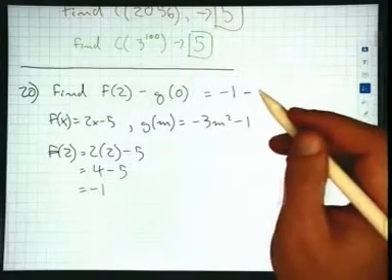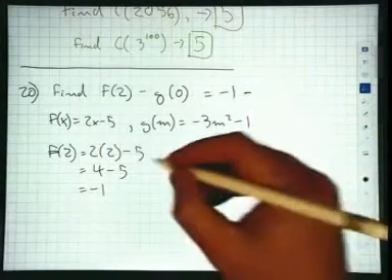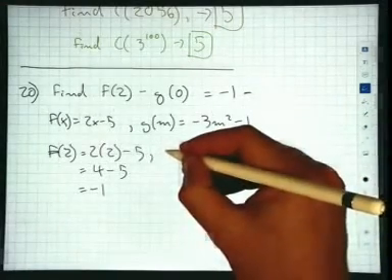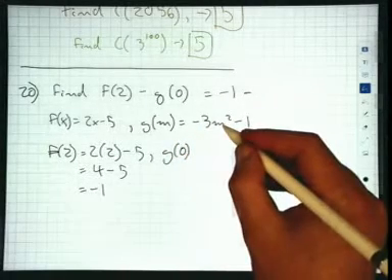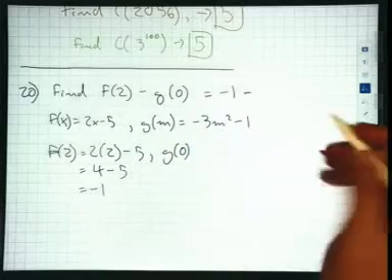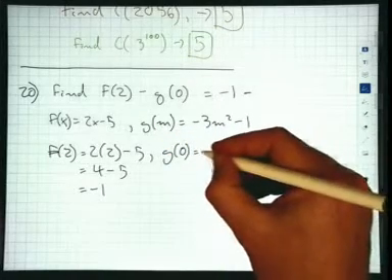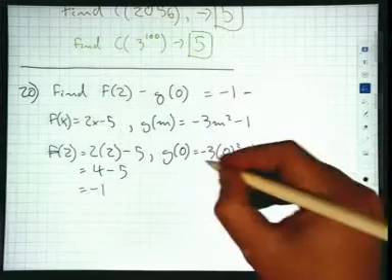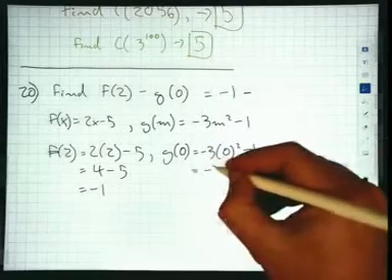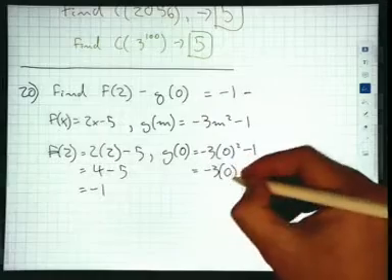Well, now I have to go through and find g at 0. So g at 0 means to plug in 0 for all the m's in g of m. So we're going to have negative 3 times 0 squared minus 1. 0 squared is 0.